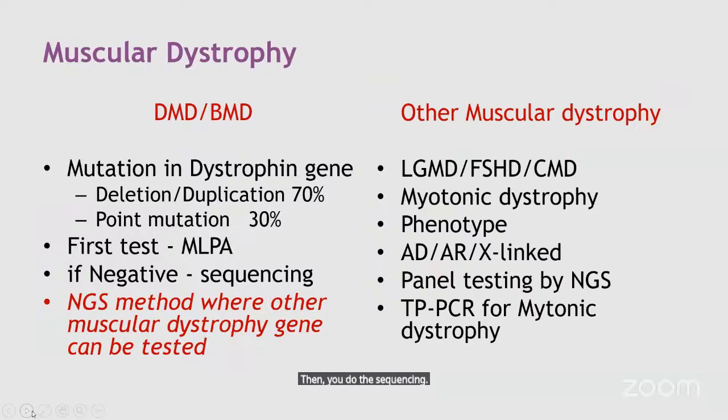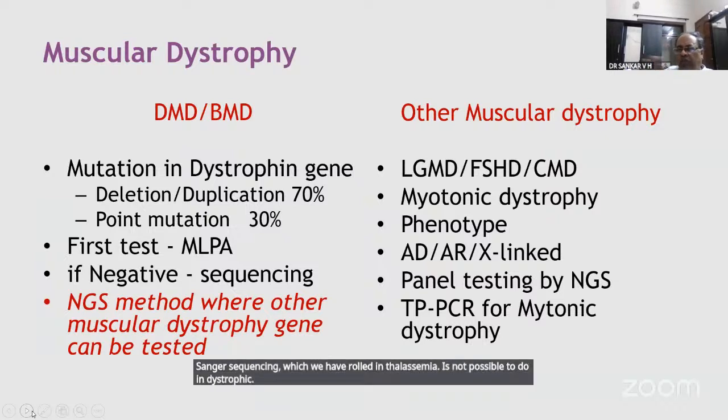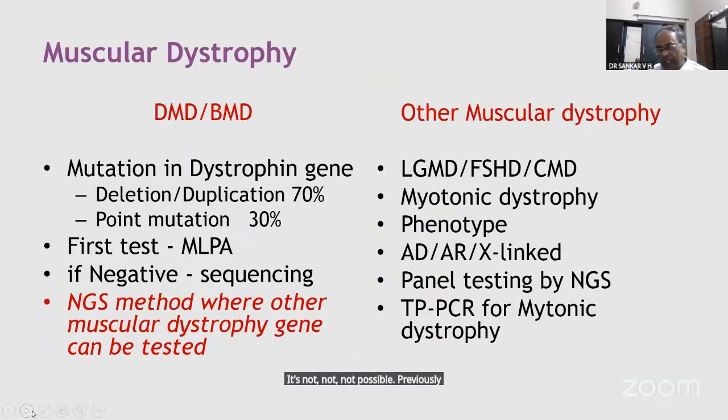NGS method can be done because the dystrophin gene is a very large gene with 79 exons. Sanger sequencing, which we discussed in thalassemia, is not possible to do in dystrophin. Previously, we were not doing it. But now, after the advent of NGS, next generation sequencing, we can do sequencing of the dystrophin gene.